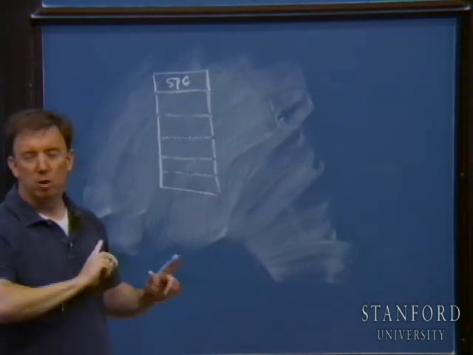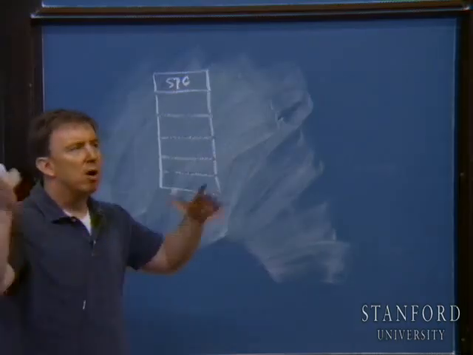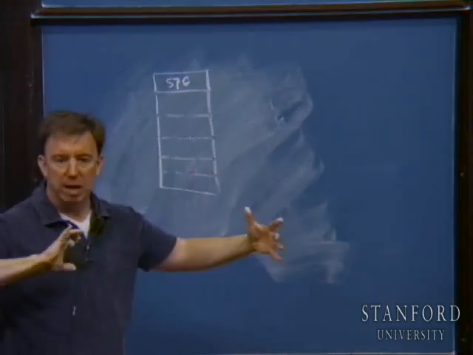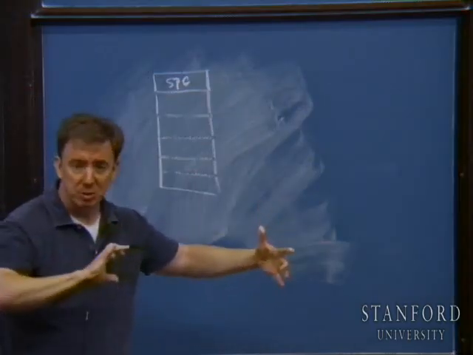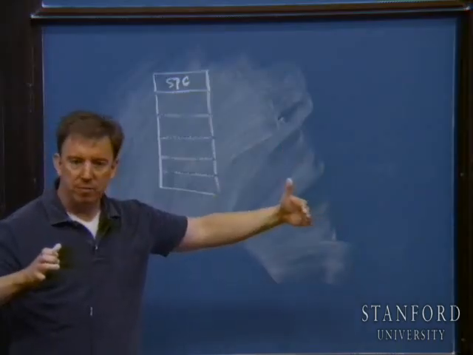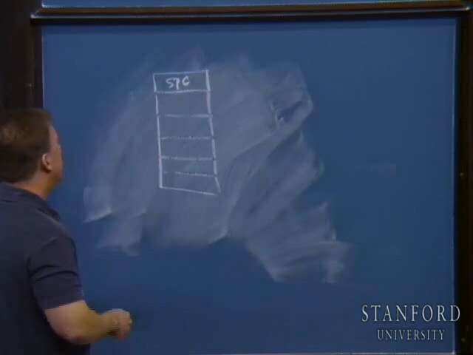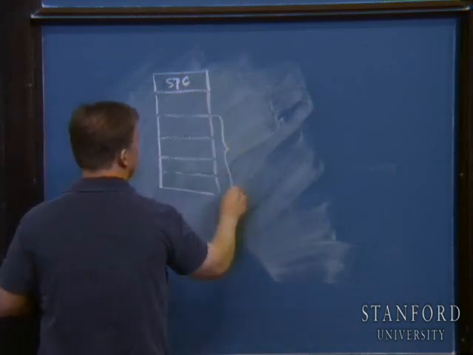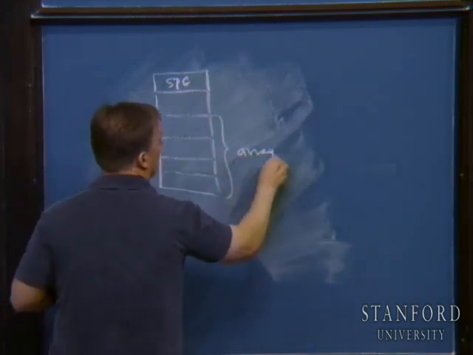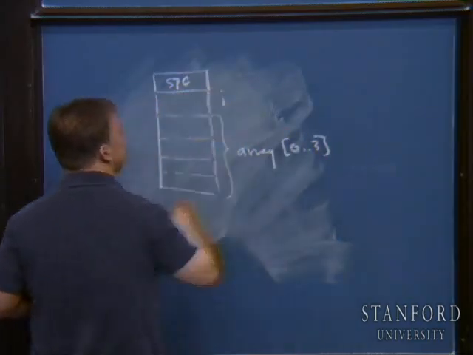It's actually a function called start that calls main, and start's responsibility is to parse the command line to build the argv array of strings, count the number of strings that are there, and put that number in argc. It actually puts a null after the very last string, so in case you want to ignore argc, you can. But then this is that array of length 4. This is i.